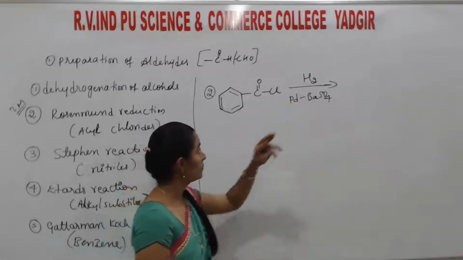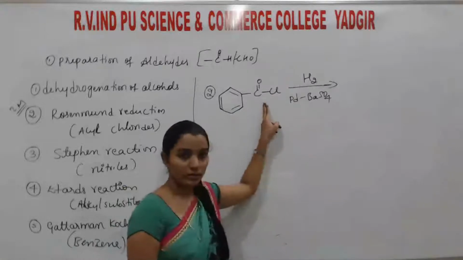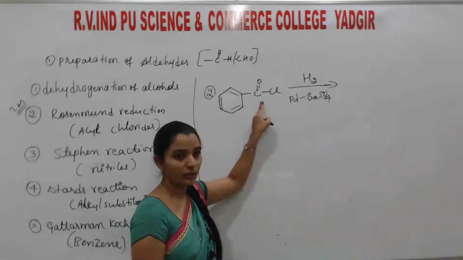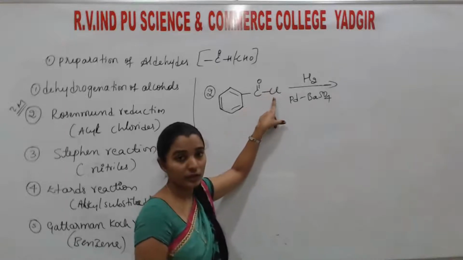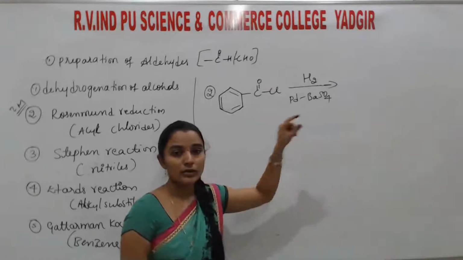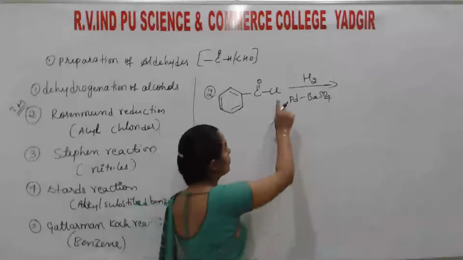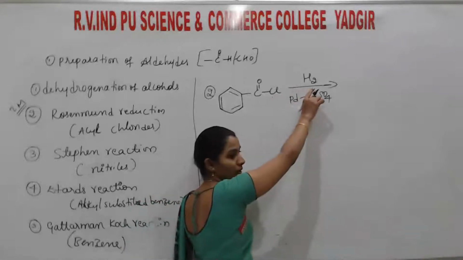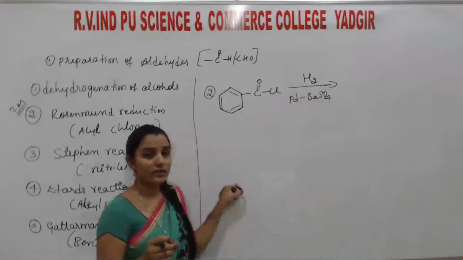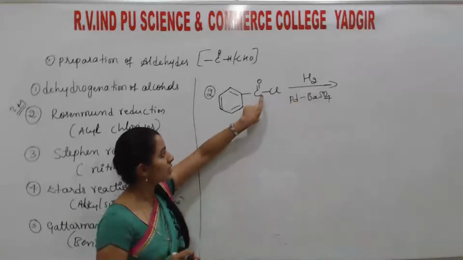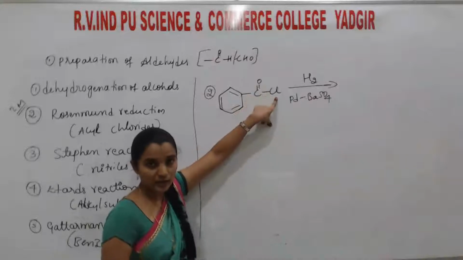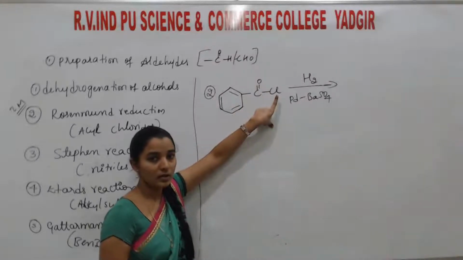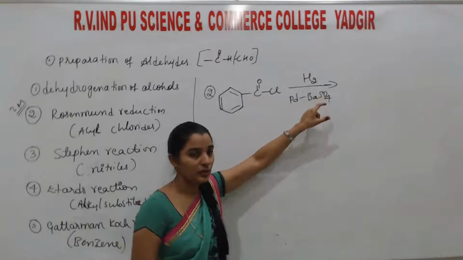Why? Listen here. We have to add H2 here. We need CHO, so we have to remove Cl, replacing it only by H. This reaction is very fast.